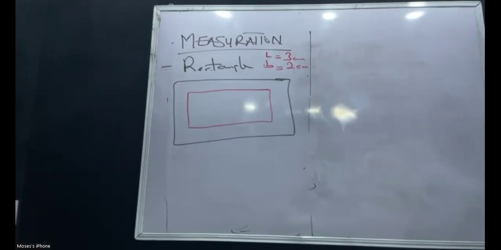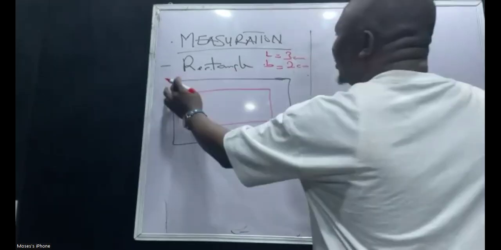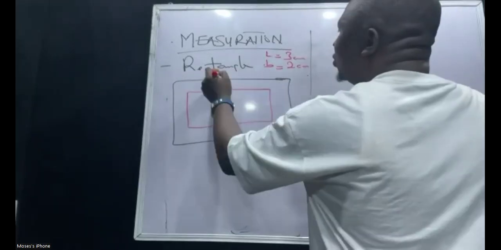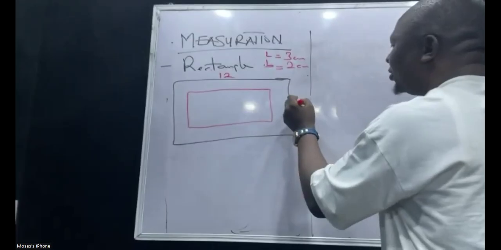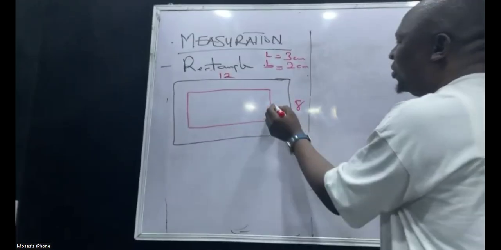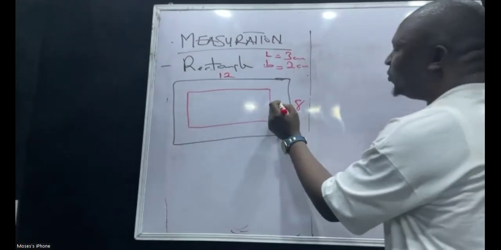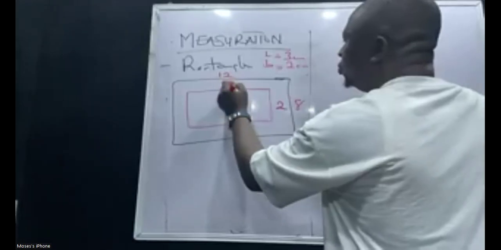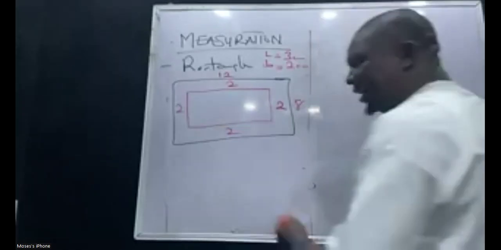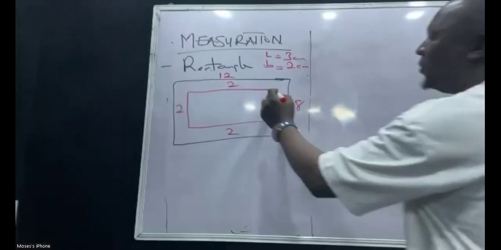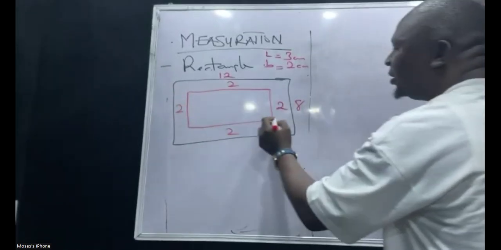Now, you're given that the length of this frame is 12. The breadth is 8. The width, that is the distance between this picture and the frame, is 2.